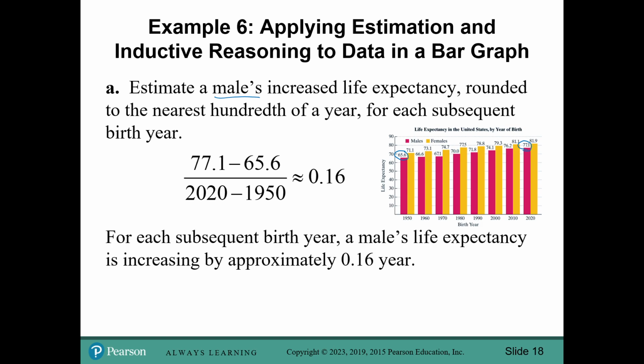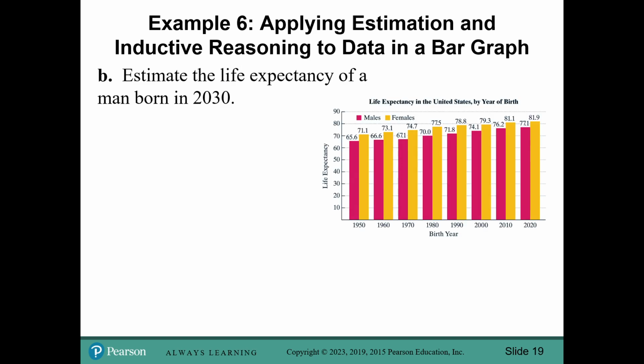So, for each subsequent birth year, a male's life expectancy is expected to increase by approximately 0.16 year. So, every year, the person born in the next year is expected to live 0.16 years longer than the person born in the previous year.